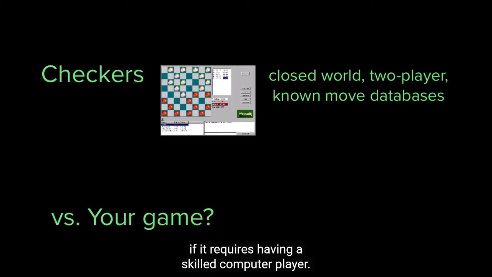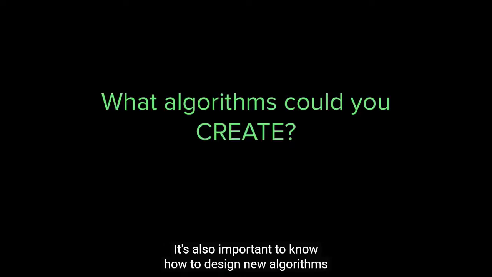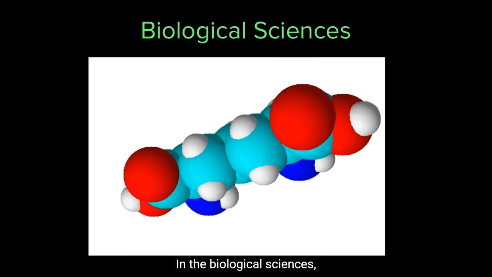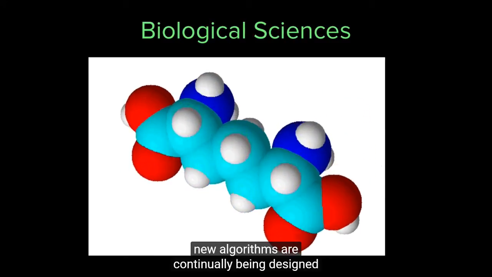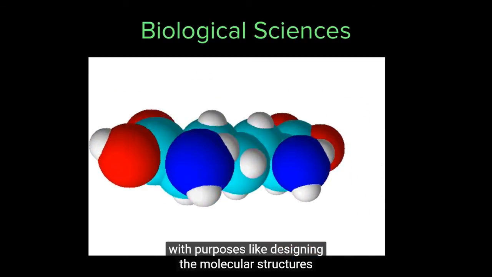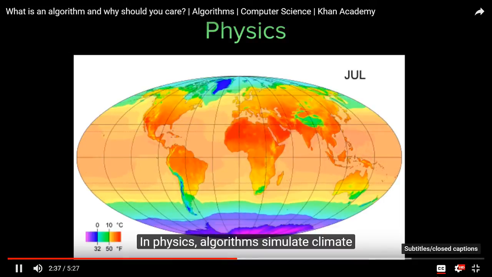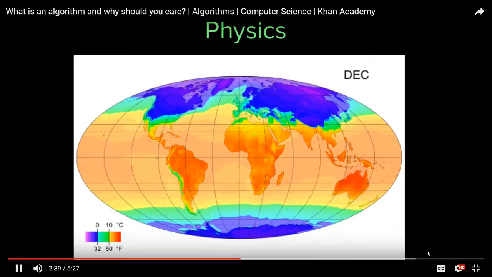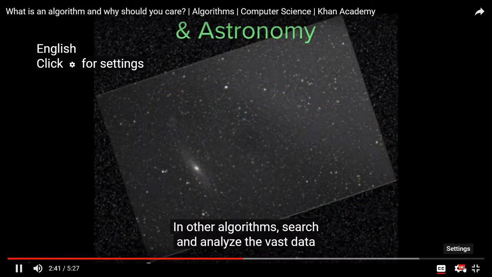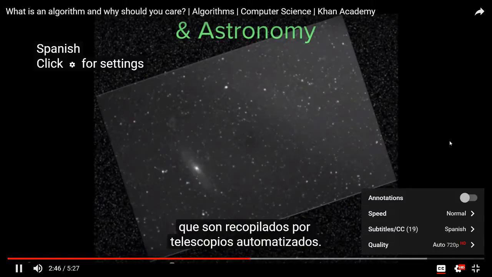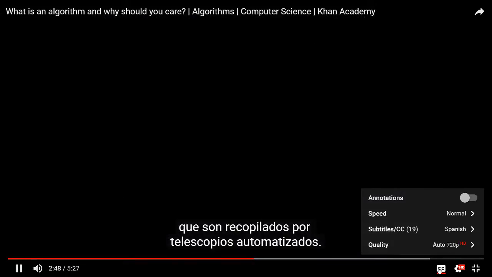It's also important to know how to design new algorithms, as well as how to analyze their correctness and efficiency. In the biological sciences, new algorithms are continually being designed for purposes like designing the molecular structures that are the core of disease-fighting drugs. In physics, algorithms simulate climate and weather patterns, and other algorithms search and analyze the vast data about stars in the universe that's collected by automated space telescopes.